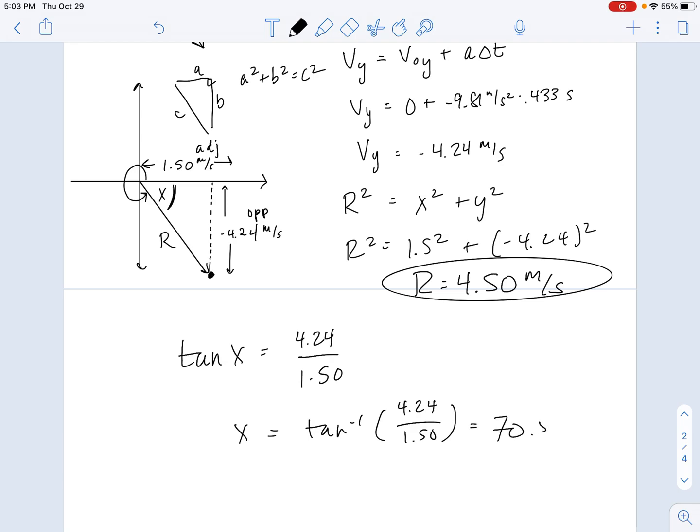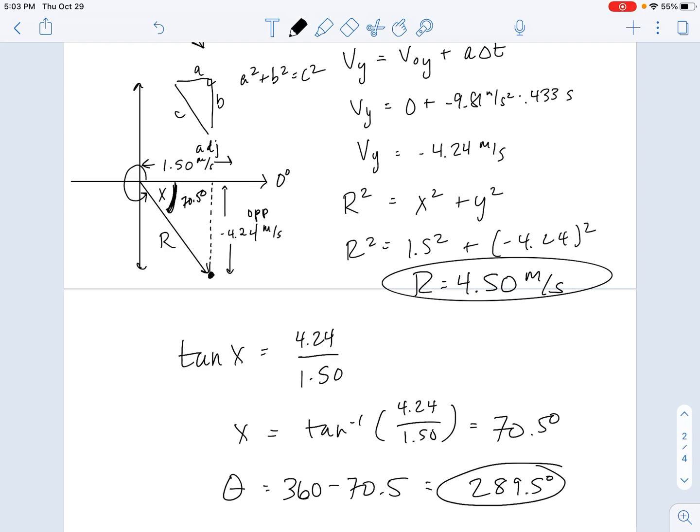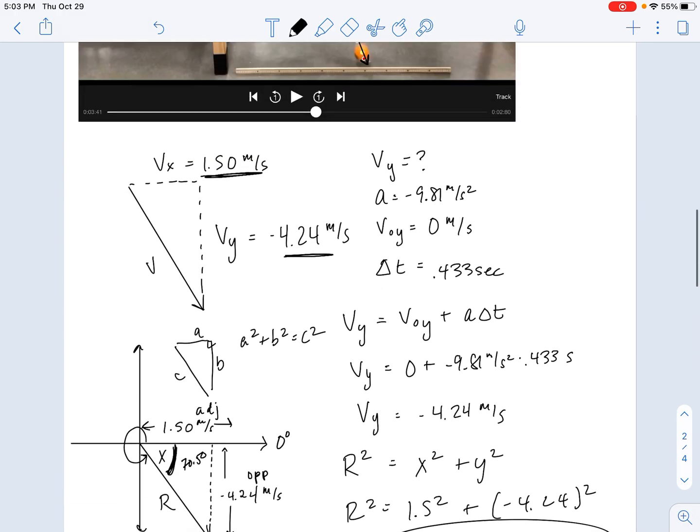I get 70.5 degrees. So this angle in here is 70.5 degrees. That means if I were to measure this on the unit circle, the angle would be 360 minus 70.5, which is 289 degrees, about 289.5 degrees. So there we have it.